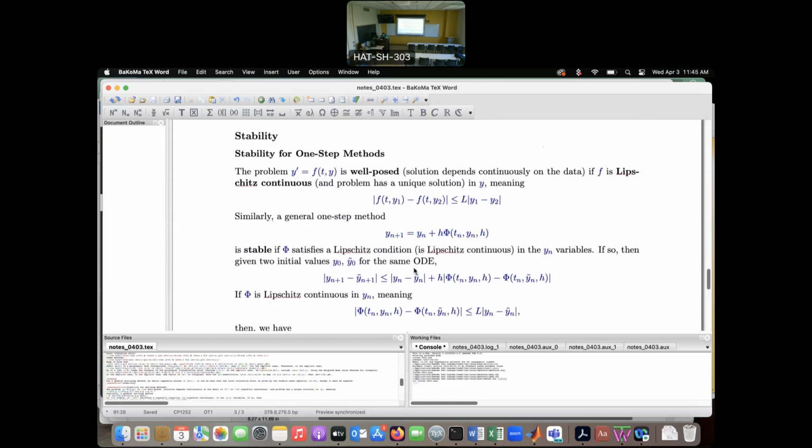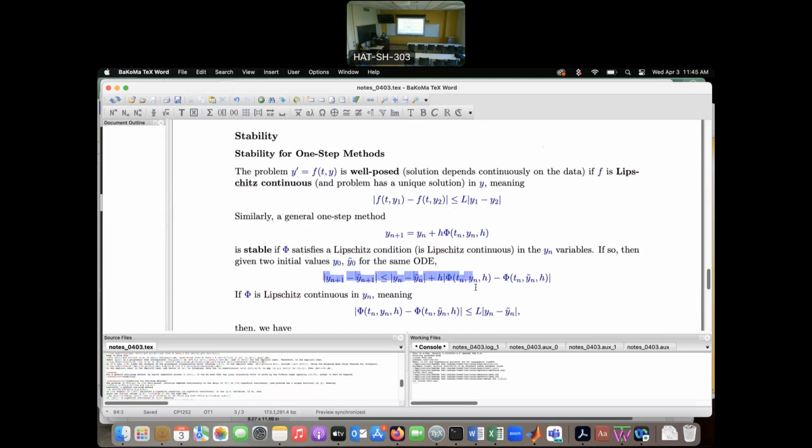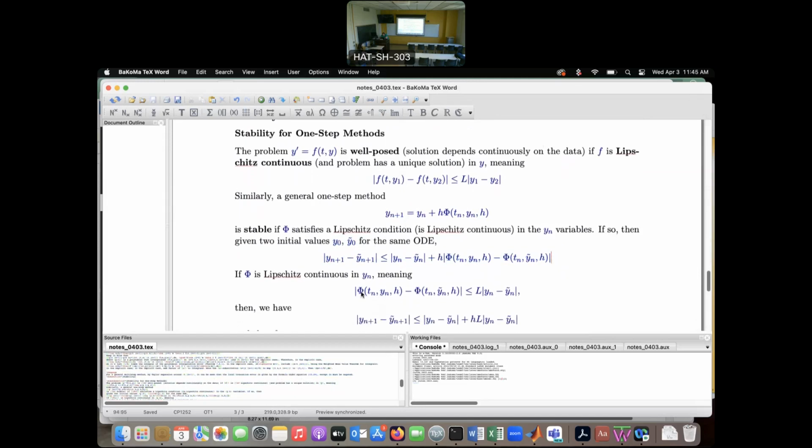So let's suppose we have two different initial values, same ODE. Then if we apply our one-step method for both sets of initial data, and then we subtract, this is what we get: the difference in your solution at time t_{n+1} is less than or equal to the difference at time t_n plus h times the difference in these phi values. But if phi is Lipschitz continuous in the y variable, then this difference is bounded by a Lipschitz constant times the difference in those y values.